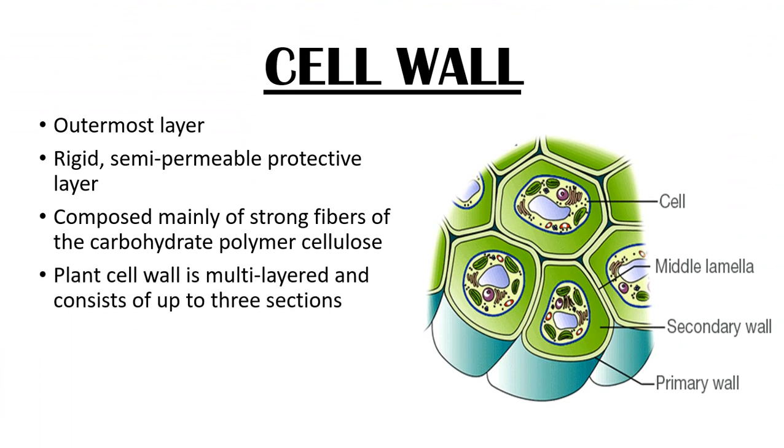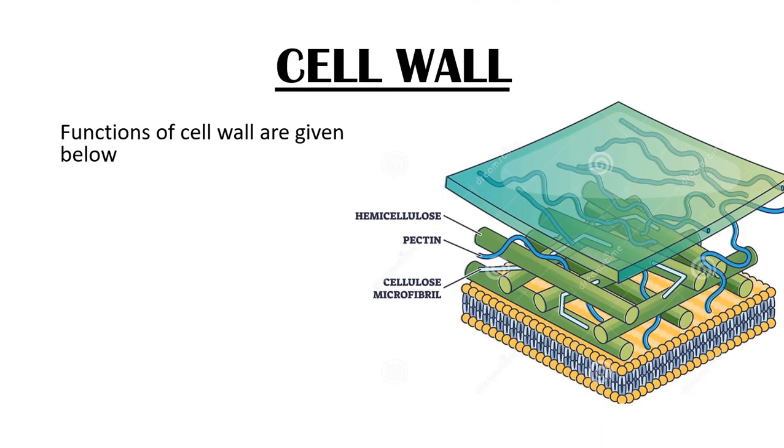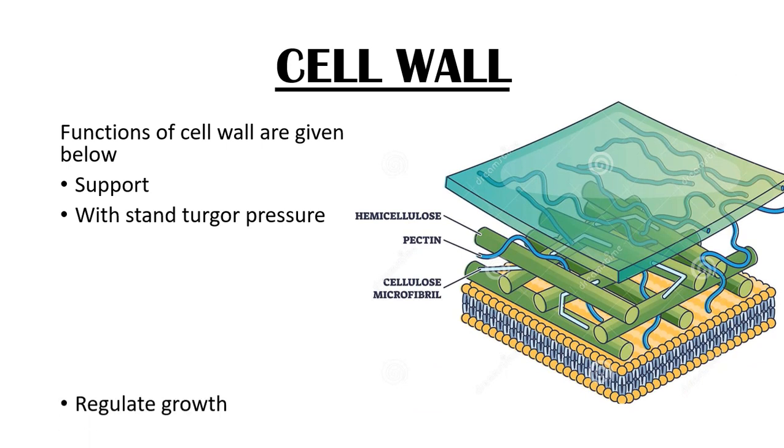Cell wall is multi-layered and it consists of three sections. The first one is middle lamella, which is present between adjacent cells, then primary layer and secondary layer. Cell wall has different functions. The first one is cell wall provides support to the plant cell. Cell wall withstands turgor pressure.